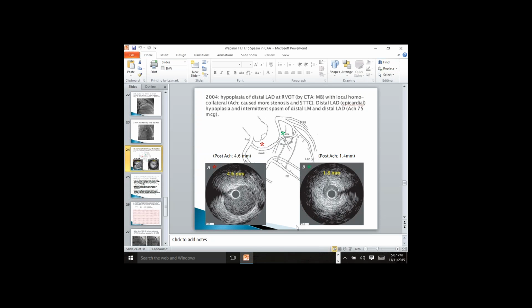But that was thought, at least, to be related to osmotic edema of the critical stenosis from the ionic contrast. Spontaneous spasm of the left main without this kind of anomalies is quite unusual. With atherosclerosis subtotal, yes, you can see it.